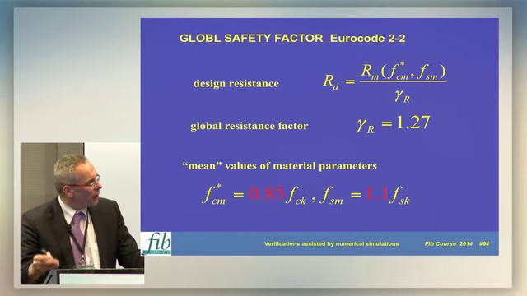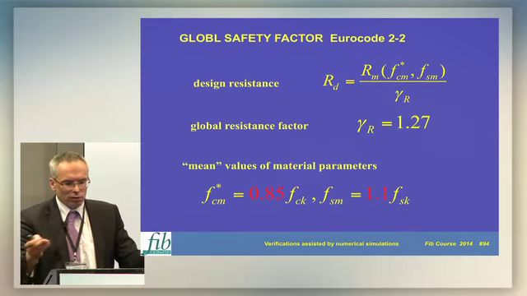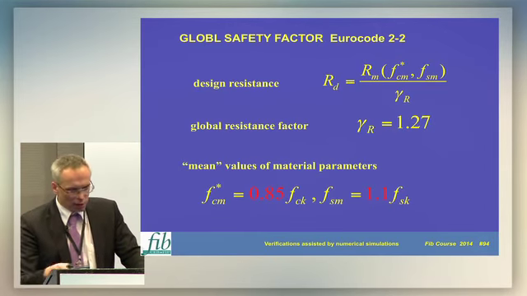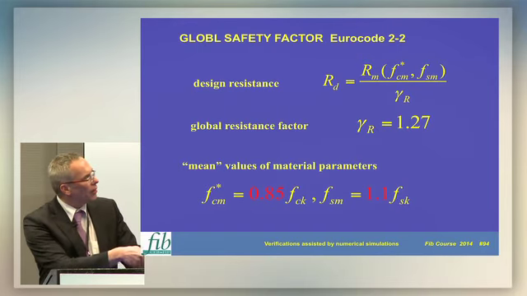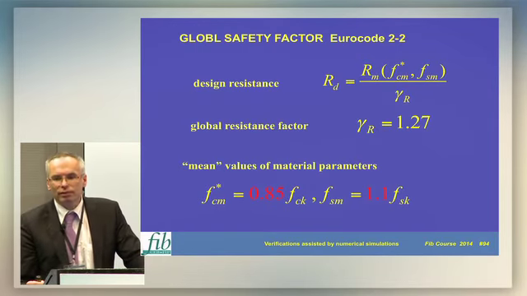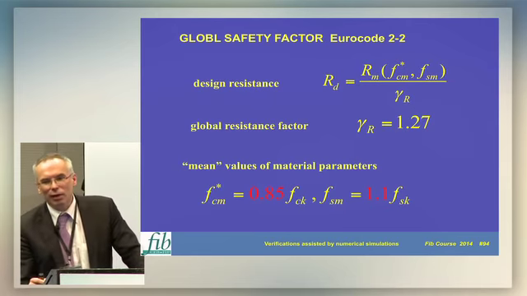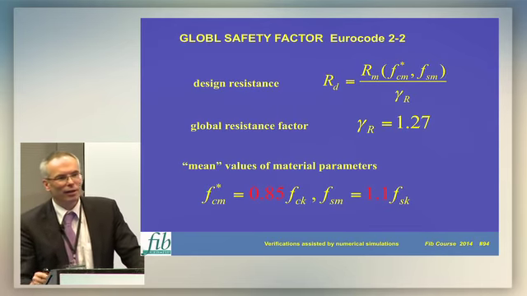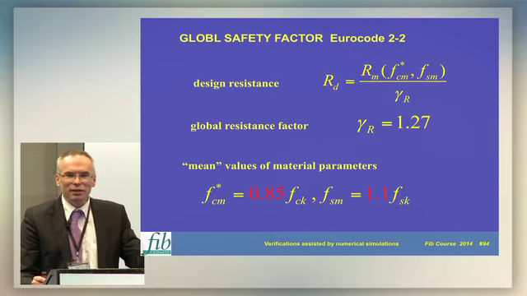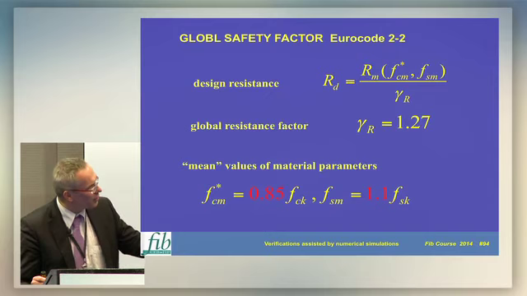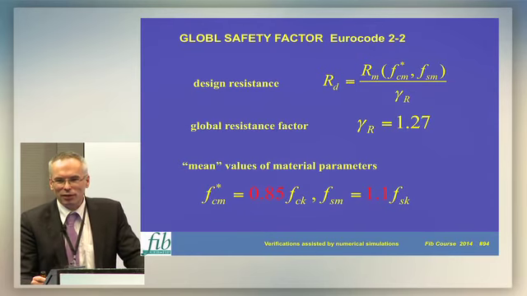But in this way, it is possible to introduce the higher heterogeneity of the concrete with respect to the reinforcement, and then to have a single value of the global factor. On the other hand, this global factor is quite low, I must say. I would be a little bit afraid to design a building using nonlinear analysis only with this safety factor.